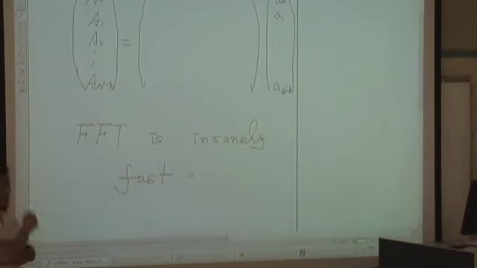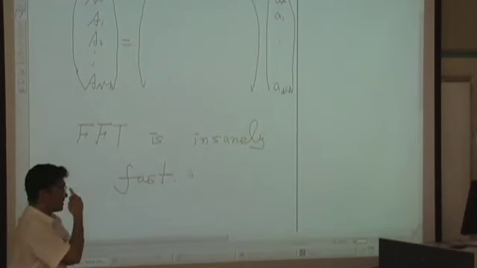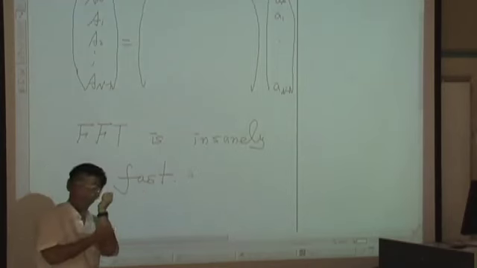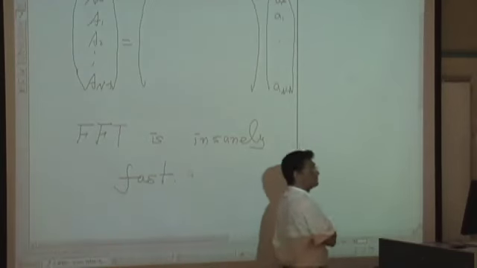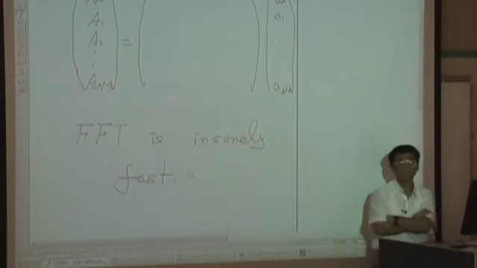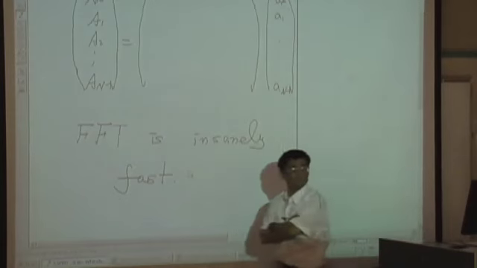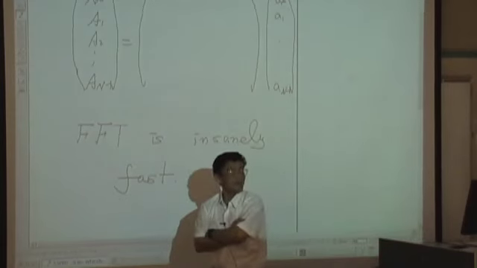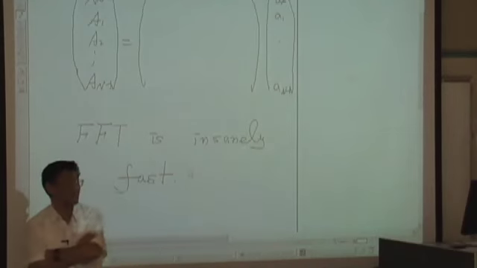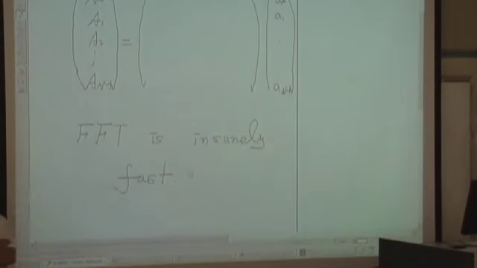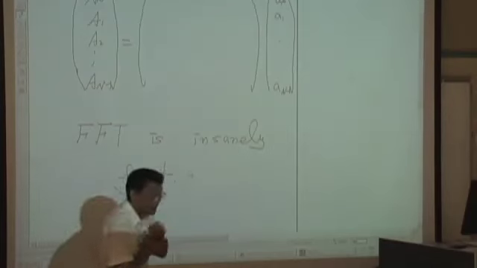This is the reason why we are using these things in broadcasting, cell phone, everything. Order of n log n is the fastest. So not n squared, but order of n log n is the fastest.